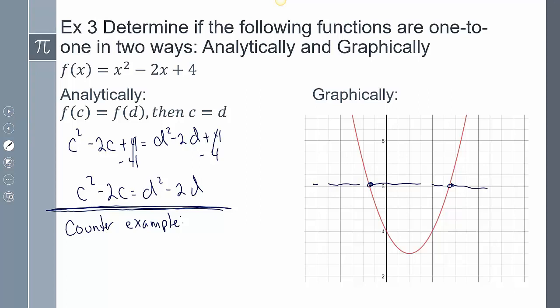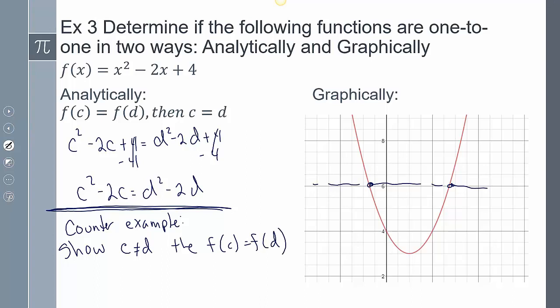So for a counterexample, what if I find two x values that are different that then give me the same y value? Because if I showed that two different x values give me the same y value, then it's not 1 to 1. So I need to show that c doesn't equal d, yet f of c equals f of d. So try and show that.